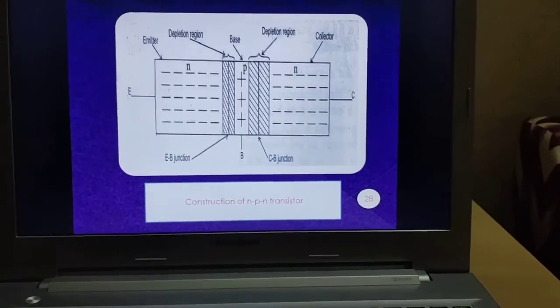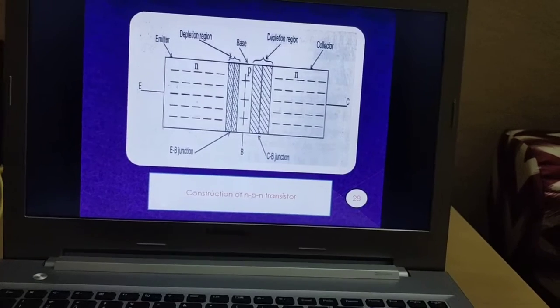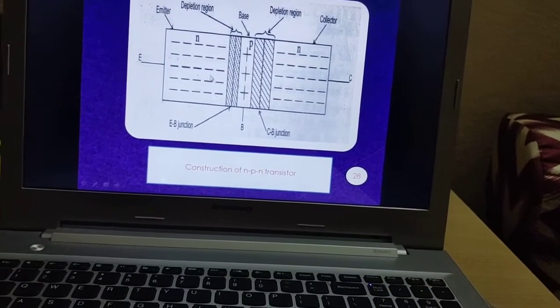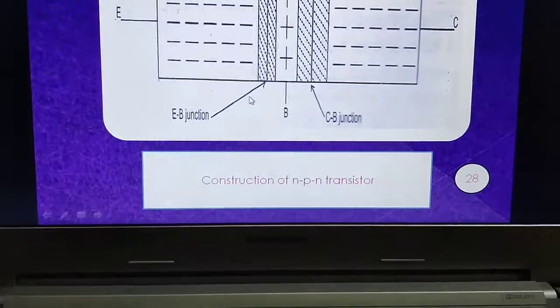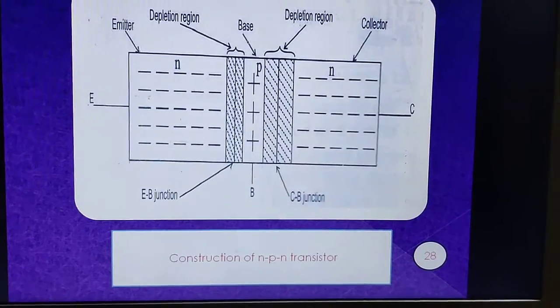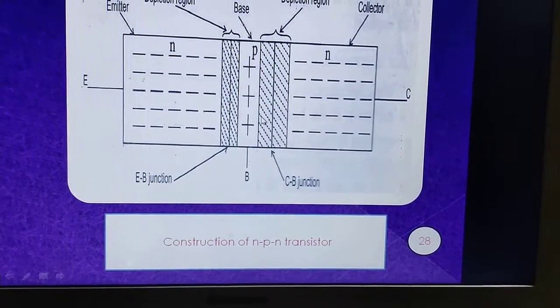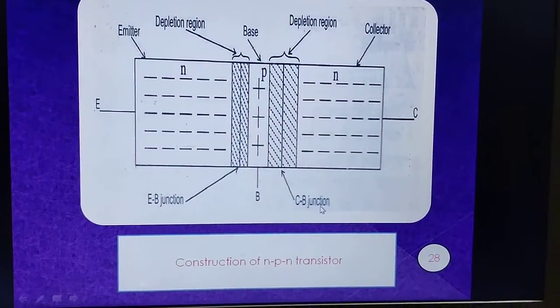Now we say that the junction where the emitter and the base are fused together is called the EB junction, or emitter to base junction. The second junction between the collector and the base is called the collector to base junction.